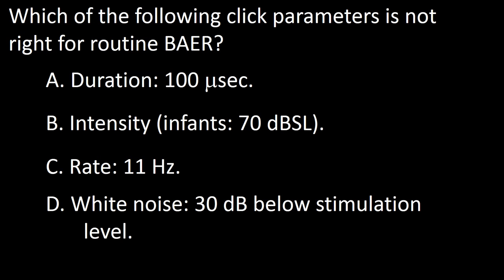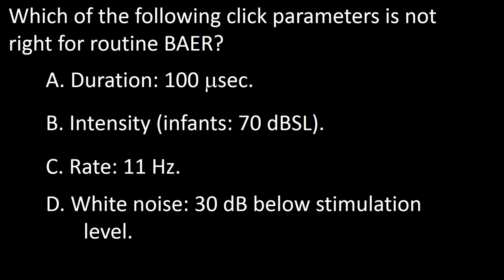Next question. Which of the following click parameters is not right for routine brainstem auditory evoked responses? A. Duration 100 microseconds. B. Intensity infants 70 dB SL. C. Rate 11 Hz.